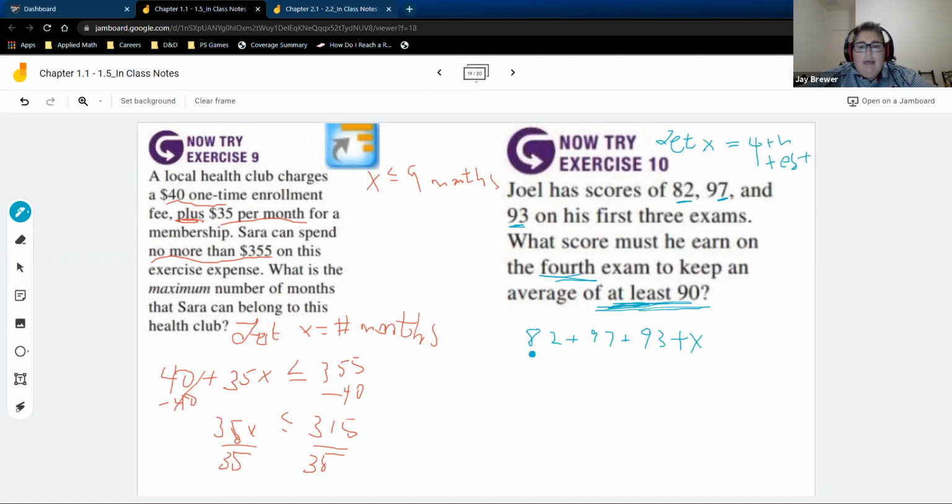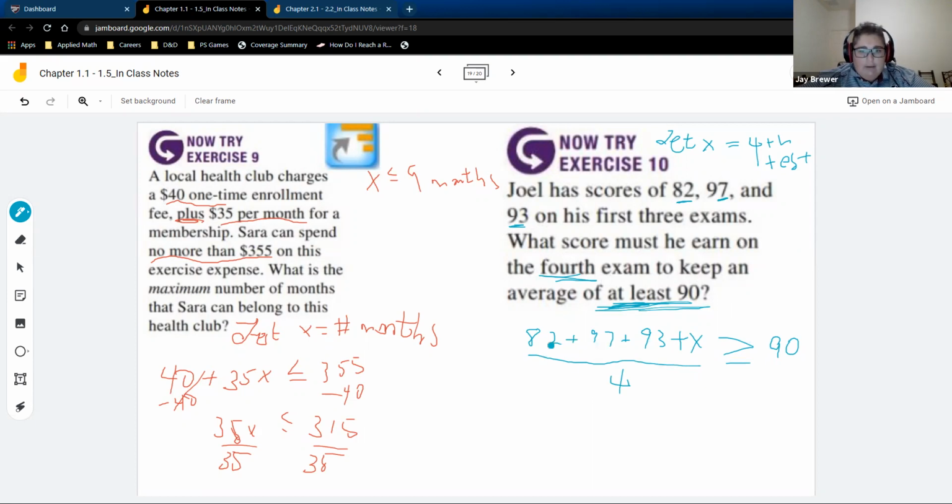Okay. And then since there's 4 tests to find an average, you divide by 4. And then it has to be 90 or above. Okay. So this part has to be at least 90, equal to 90, or above 90. So this side could be greater than 90.